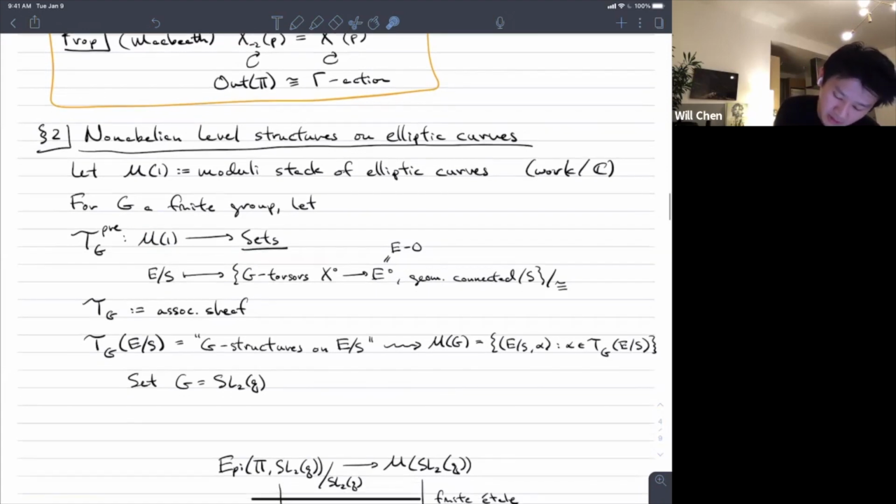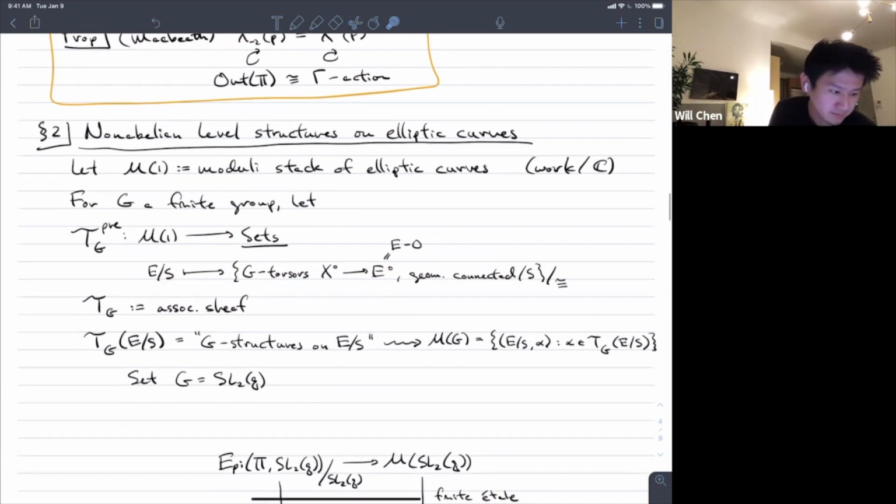It sends an elliptic curve E over S to the set of G torsors on E. In this case, E circ means the punctured elliptic curve, so E minus the origin. So it sends E over S to the isomorphism classes of G torsors, essentially, which are only ramified above the origin, so to speak, which are geometrically connected over the base S.